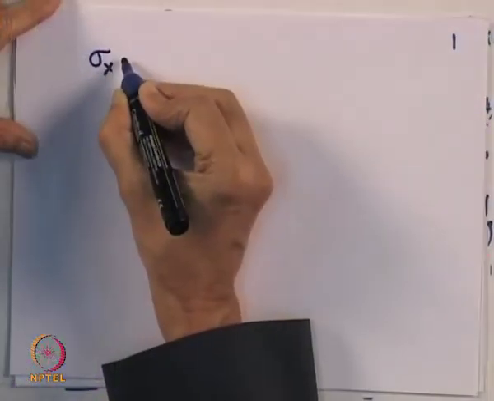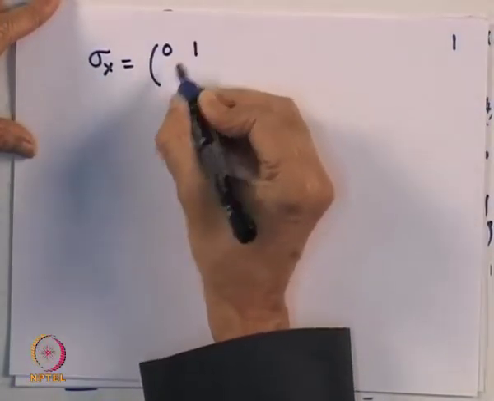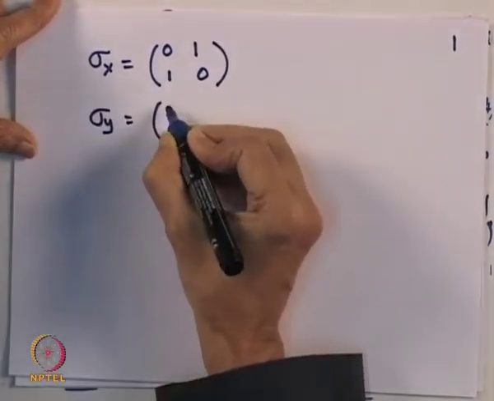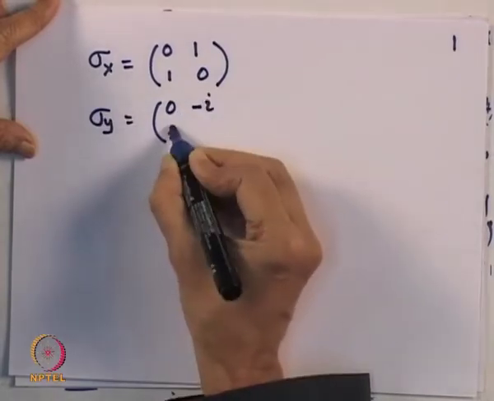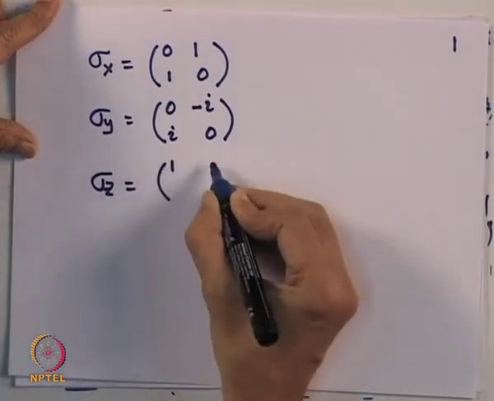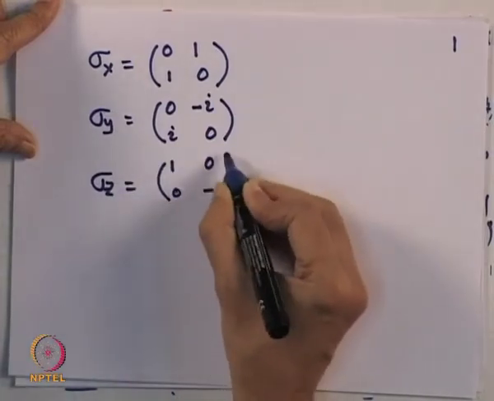Now we talked about the Pauli matrices, and the well-known Pauli matrices are sigma x, sigma y and sigma z, which are: sigma x equal to 0, 1, 1, 0; sigma y equal to 0, minus i, i, 0; and sigma z is equal to 1, 0, 0, minus 1.